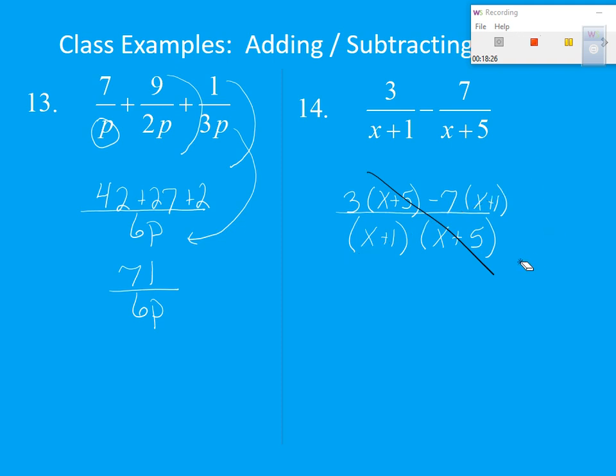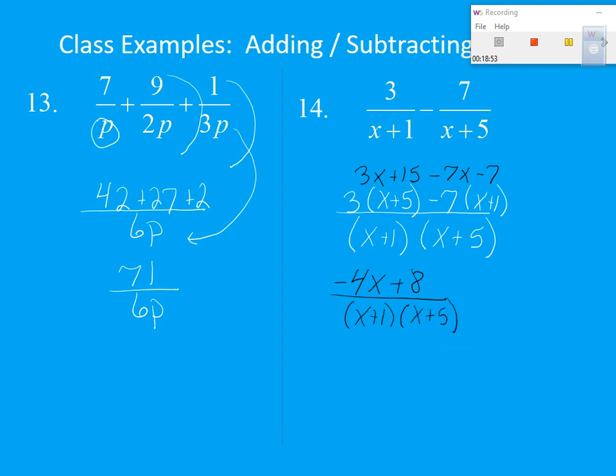What I need to do now is simplify the numerator. So I'm going to distribute that 3 and get 3x plus 15 minus 7x minus 7. Combine your like terms. 3x minus 7x is negative 4x plus 8 over x plus 1 times x plus 5.